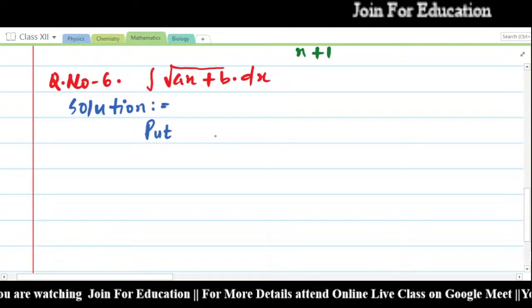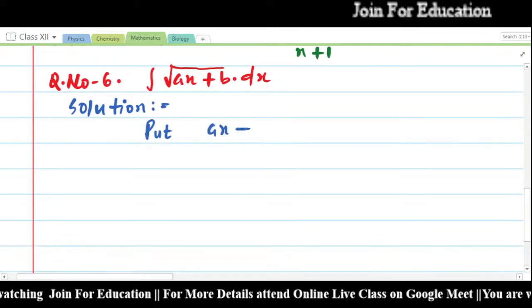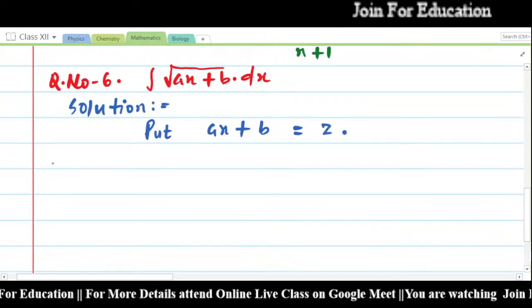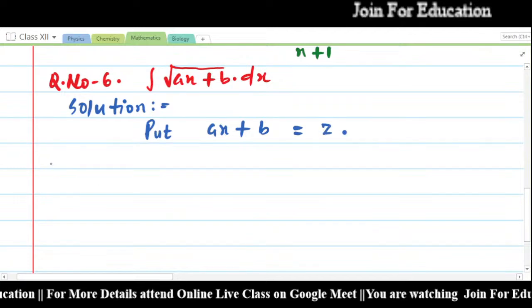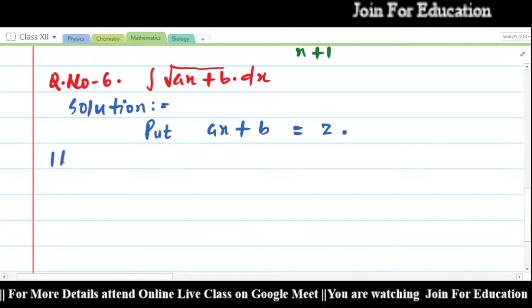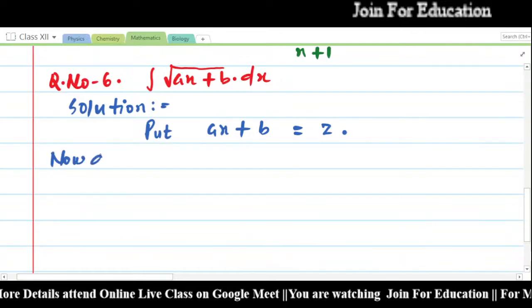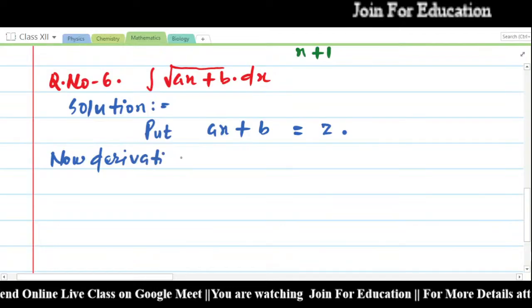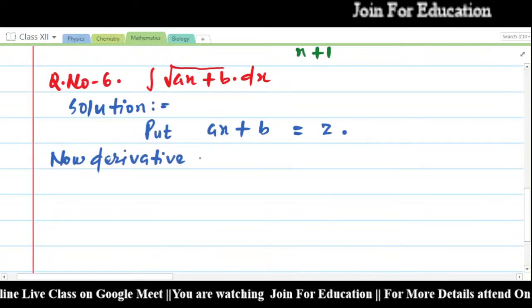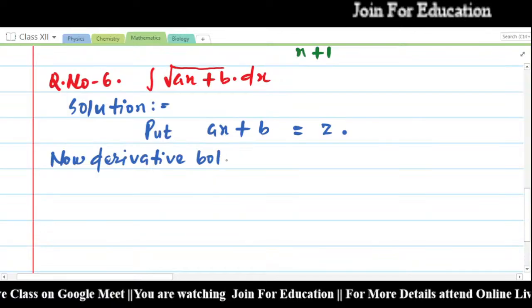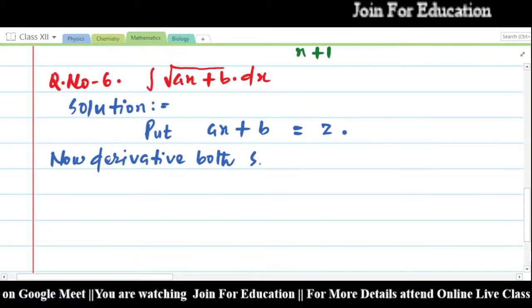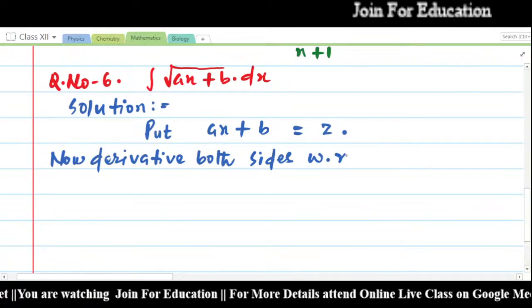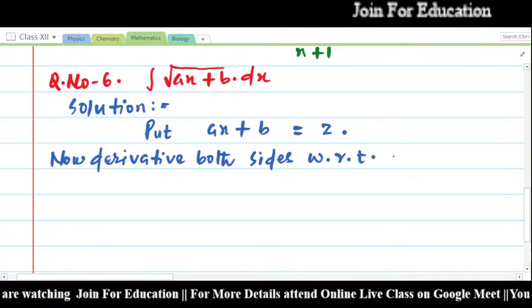Put ax plus b equal to z. This is the first step. Now take the derivative both sides with respect to x.